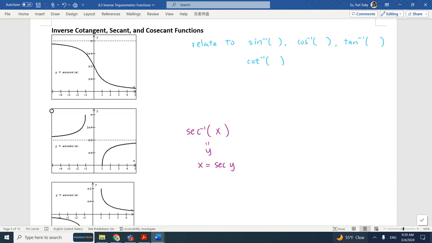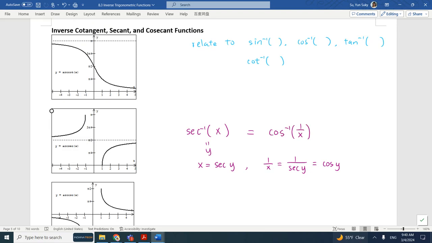So they are equivalent. Now if you do 1 over x, you look at the reciprocal. The reciprocal of secant y is cosine y. So therefore, y is now the arc cosine of 1 over x.